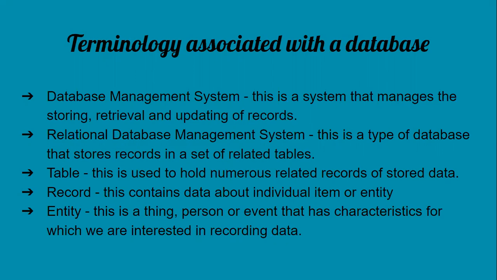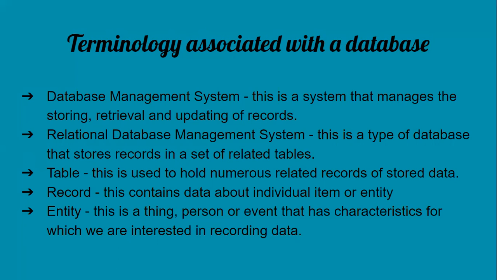A table is used to hold numerous related records of stored data. And so you are going to be creating tables that contain records. Now, these records contain data about an individual item or entity. And the entity is a thing, a person, or event that has characteristics for which we are interested in recording data.